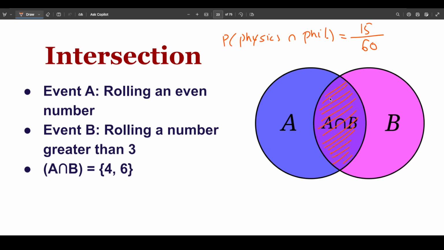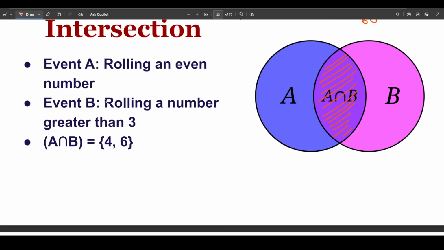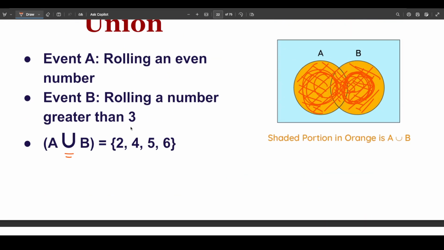So it's going to be 15 over 60. Okay, so union, intersection. The notation of intersection is this element here, A and B, and for union it's A or B.